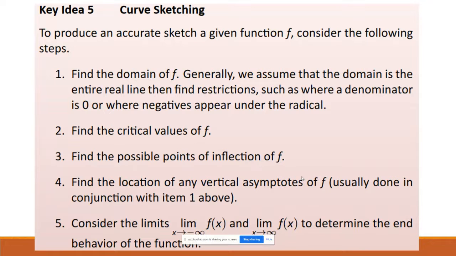Number 4, we also want to find the vertical asymptotes of the function, which come from division by 0 in a simplified rational function, a simplified fraction. You make sure the denominator is not 0. Whenever the denominator equals 0, we have a vertical asymptote. We want to mark that on the number line also. So the critical points, inflection points, and asymptotes are supposed to be marked on your number line, so you'll be sure how your number line looks.